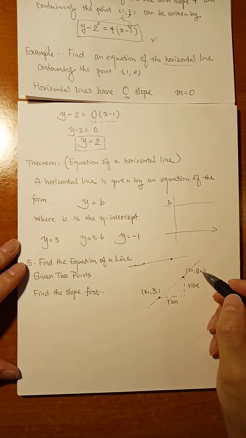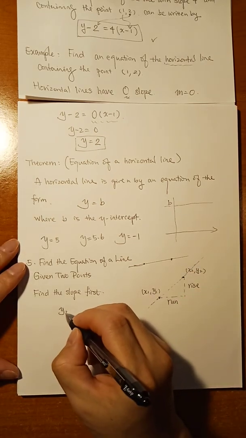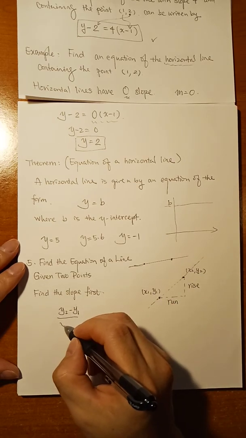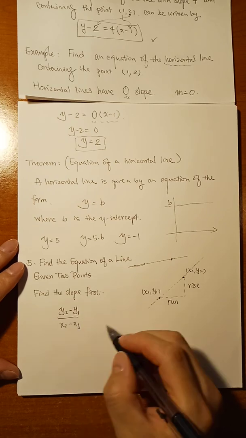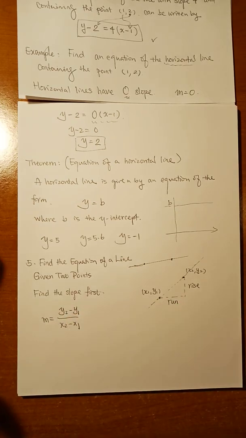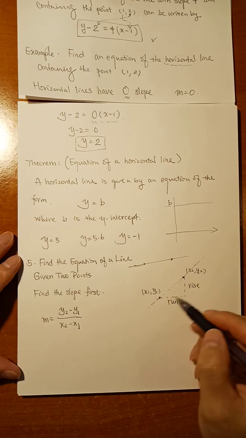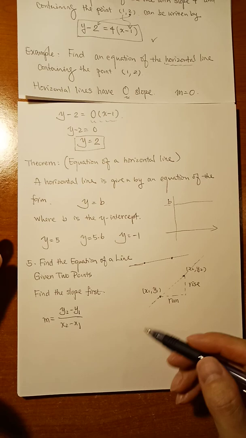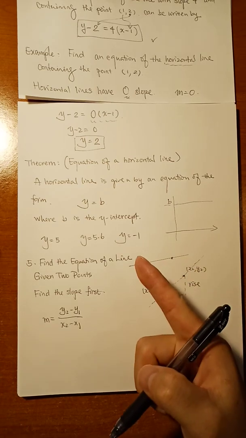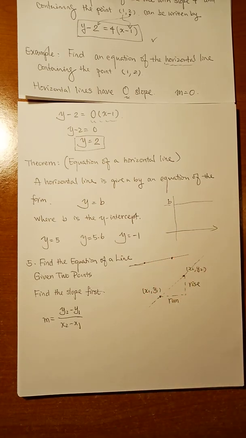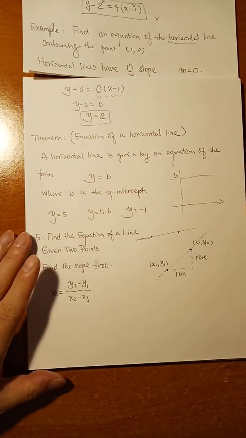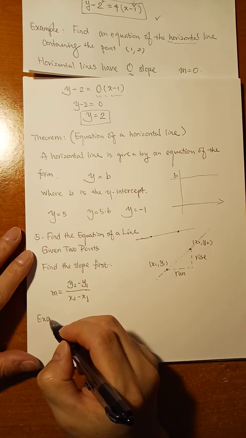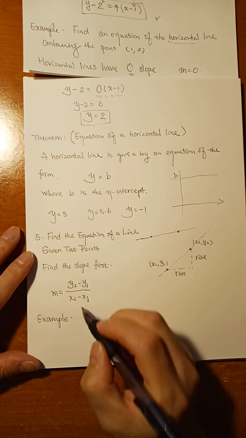So rise is y2 minus y1. Run is x2 minus x1. This ratio is the slope. Okay? So from two given points, you can use this ratio to find the slope by yourself. And then you have 2 points. You just select one, use point slope form to get the answer. Okay? So let's do an example, see how we really compute it.